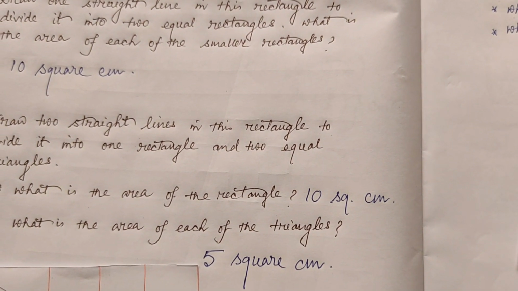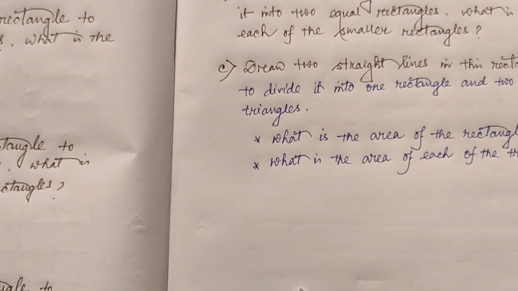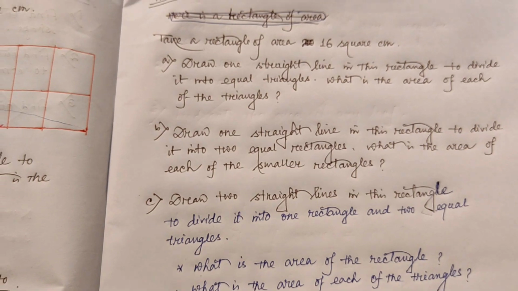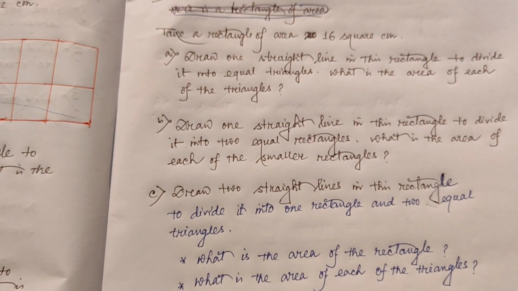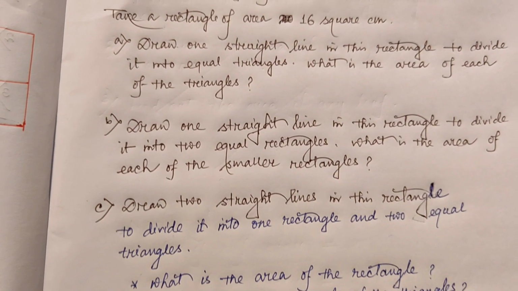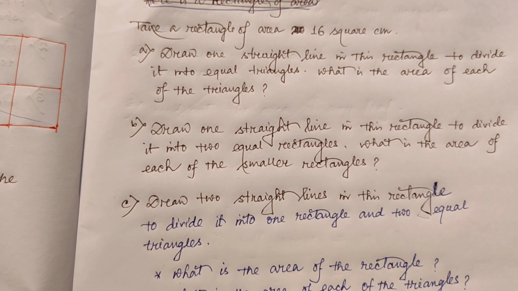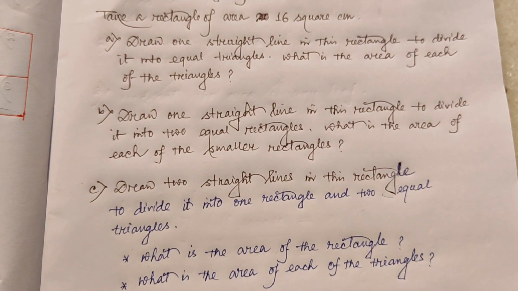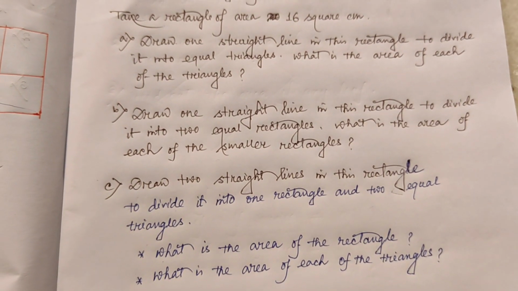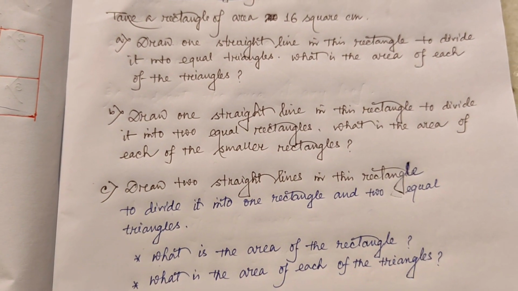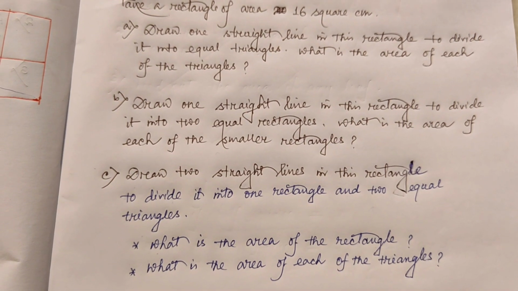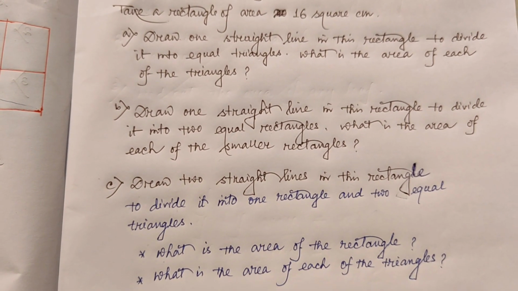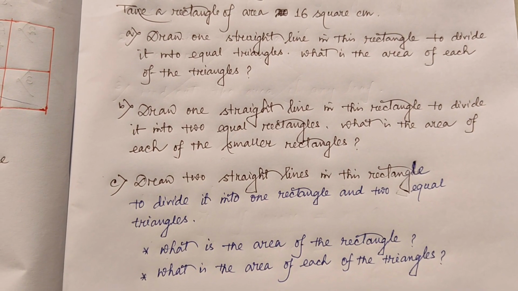Now I have given you some homework of the same kind of problem. Everyone must do it. Here, take a rectangle of area 16 square centimeter. Draw one straight line in this rectangle to divide it into equal triangles.